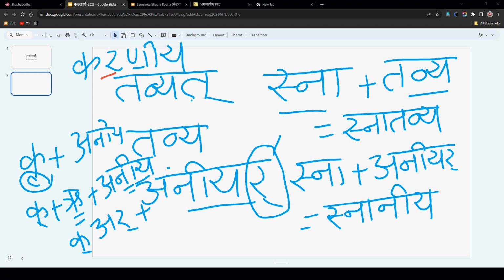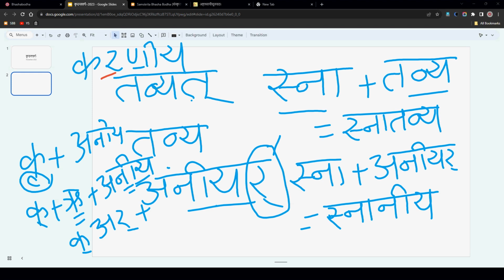We have ram plus aniya, but because there is a refa there in the rama, that changes to ramaniya. Right? So karaniya. So this karaniya becomes the new pratipadikam.